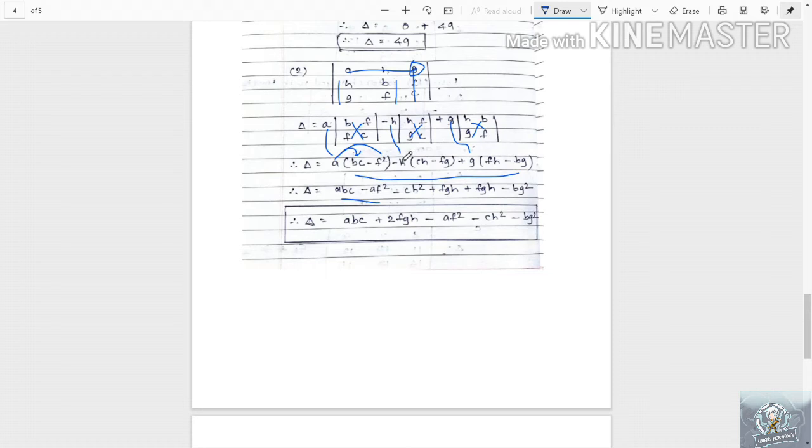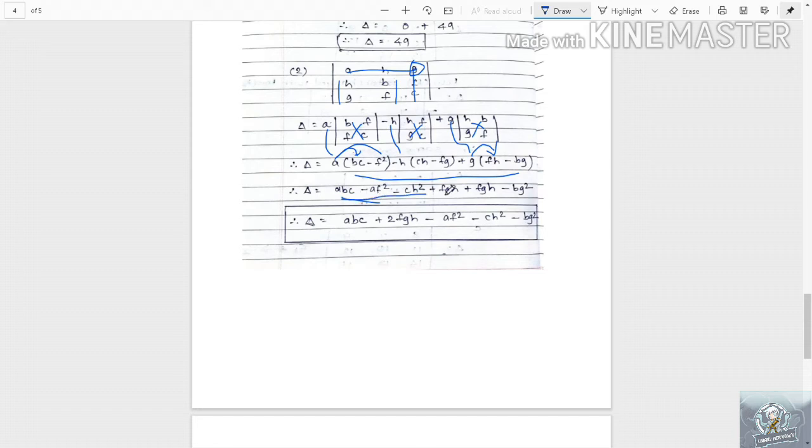What will come? Minus CH square and minus into minus plus, so plus FGH. Then expand this equation, G multiplied by FH minus BG square. So plus GFH minus BG square, because G into G will become G square.